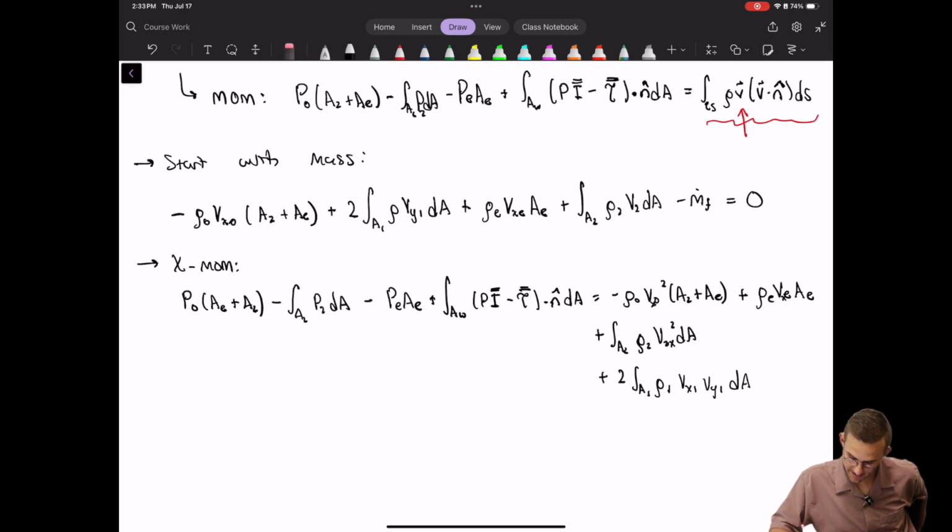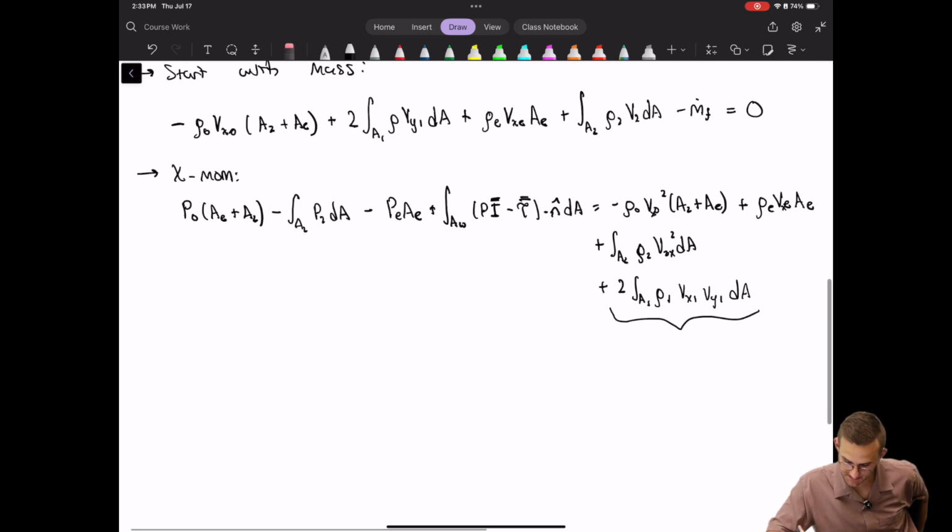For this term here, we are going to make an assumption. We're going to say that this is approximately equal to 2 times the integral over A1 of rho 1 Vx naught Vy1 dA.